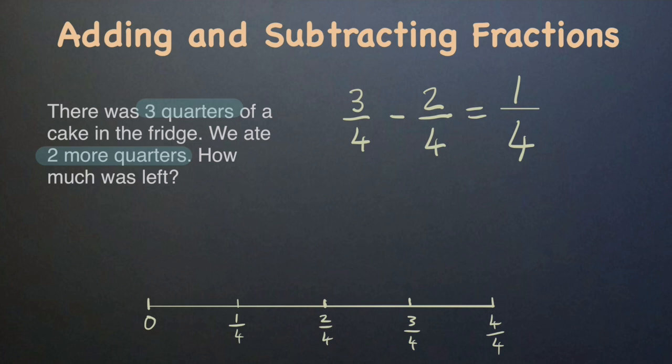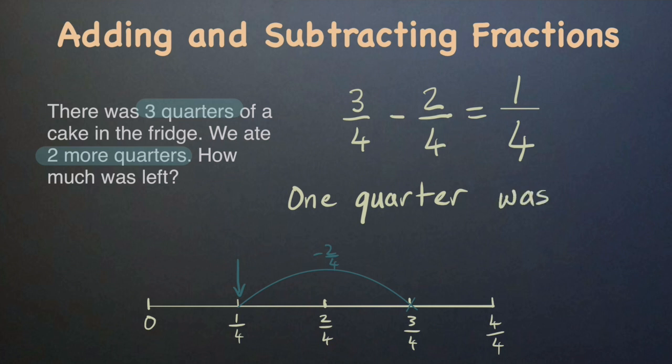We started with 3/4 here, and we took 2/4. That's going to take us minus 2/4. It's going to leave us with 1/4. Just to finish it off, we could write 1/4 was left.